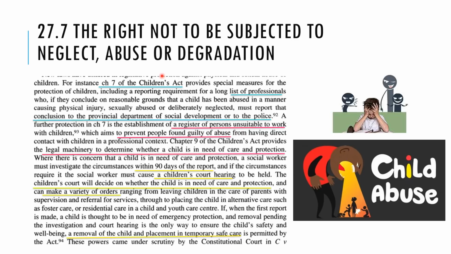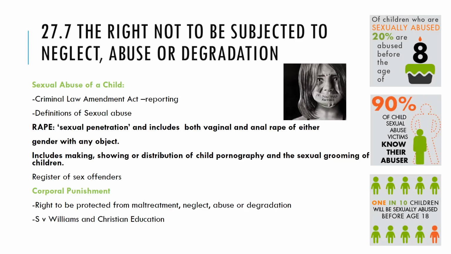So the Children's Act is used to give effect to Section 28(1)(d) of the Constitution by first giving a duty to certain professionals to report abuse, to register people that are unsuitable to work with children, and then it gives a power to a social worker to investigate abuse, to take it to court, and for the court to then actually remove a child from situations where they are being abused.